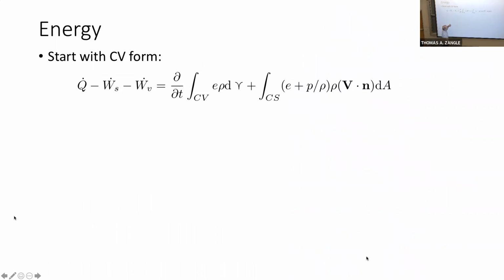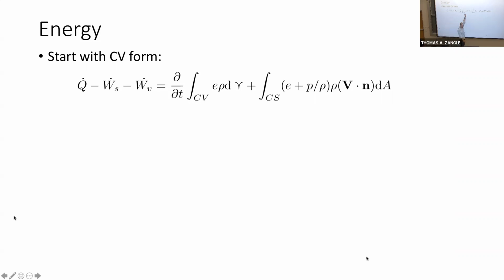To do this, we're going to start as we did for the differential mass balance, with the control volume form. Heat minus work is the rate of change within the control volume of the energy of the fluid, plus the amount that flows across the control surfaces.